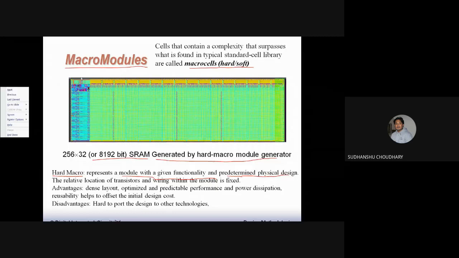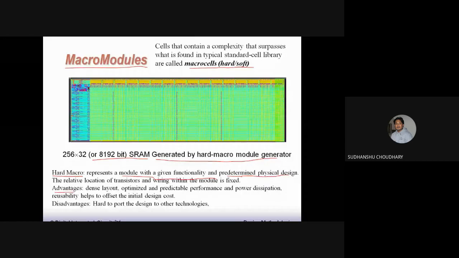If a hard macro has been given to you, which is of this shape, it will always remain of this shape, and you cannot optimize or modify it. If it is an 8 KB RAM, it will remain an 8 KB RAM. So that is a hard macro.